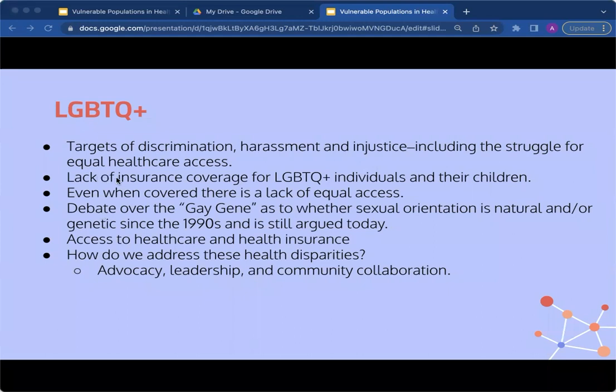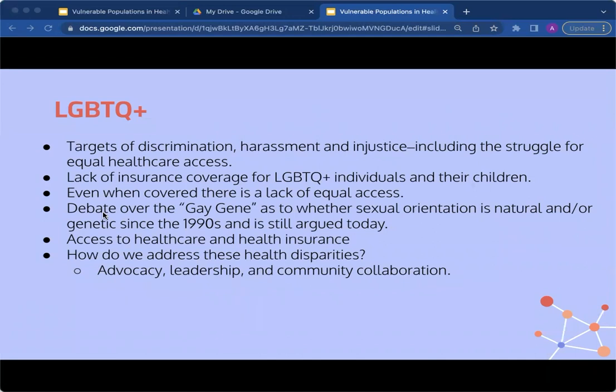Several states also have state religious exemption laws that essentially allow providers to discriminate against LGBTQ individuals and deny services. A few of these states include North Dakota, South Dakota, Texas, Tennessee, Virginia, and 29 states failed to pass laws to protect gay and transgender workers.